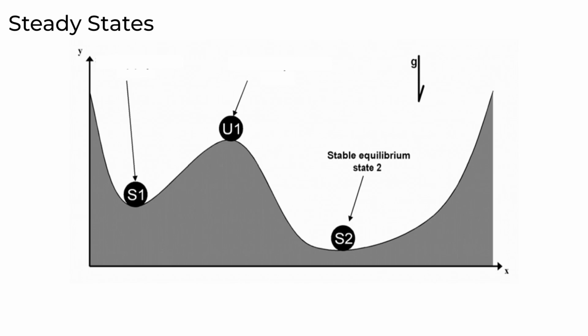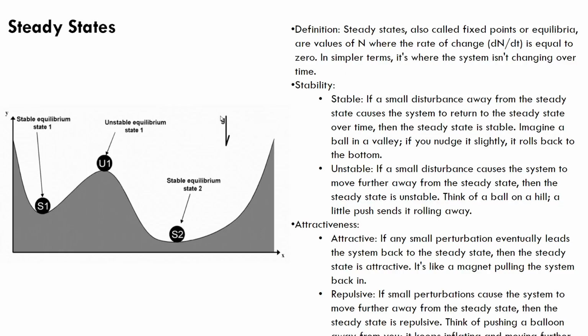So these two states, where you perturb the system and the system comes back to its original position, are called stable states. And the one that does not come back to its original state when perturbed is called the unstable state. So you can have stable steady states, you can have unstable steady states.